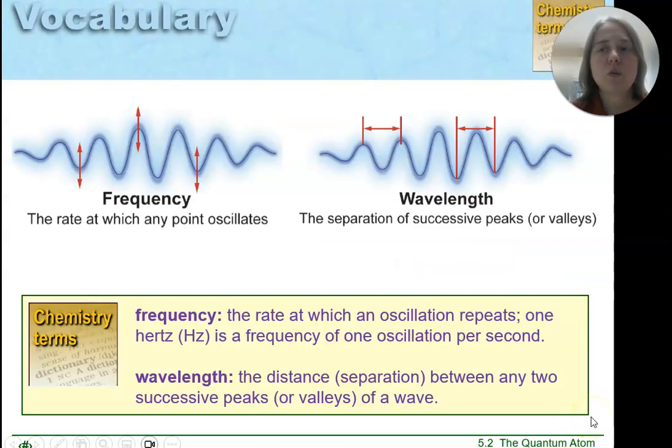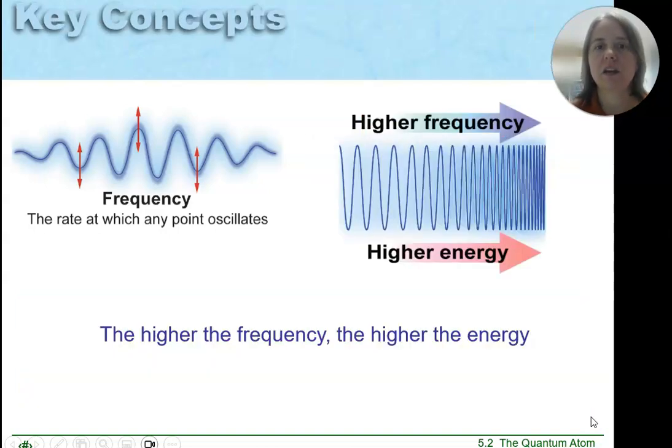And we know from waves from freshman year that waves have a frequency, which is the rate at which a point oscillates. And they have a wavelength, which is the actual length between a crest and the succeeding crest. And we know if the frequency increases, the amount of energy it transfers increases. Higher frequency is higher energy.